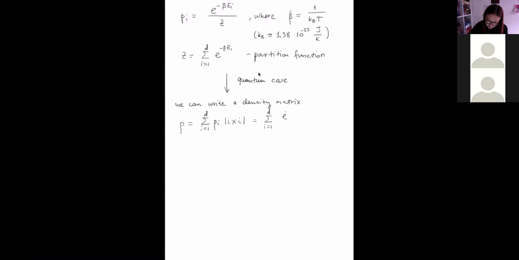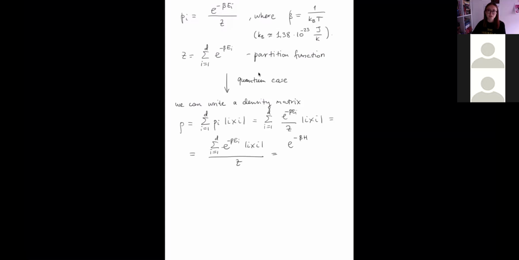Instead of p_i, we insert e to the power minus beta E_i over Z. What we can notice is that the expression in the numerator can be written in matrix form as the exponential of the matrix minus beta H, where H was the Hamiltonian that we were considering.